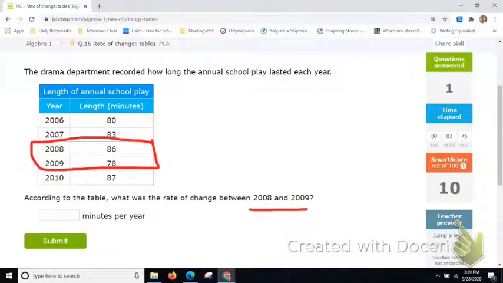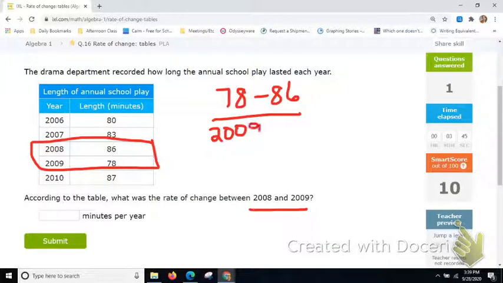You want to take the later one, subtract the earlier one. So 78 subtract 86. And then how many years? That would just be 1 year, right? So I could still take the later one minus the earlier one. But I think we all know that that's just 1 year apart.